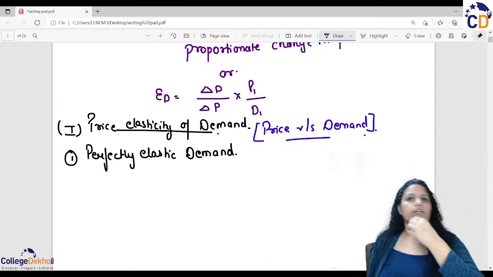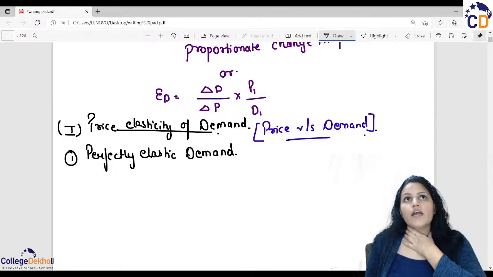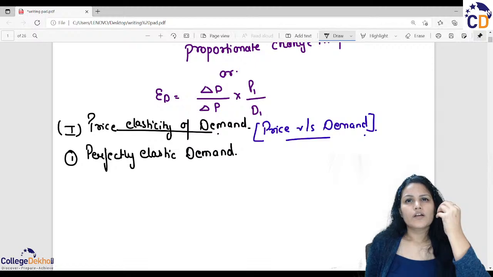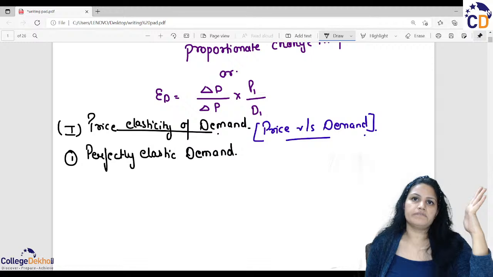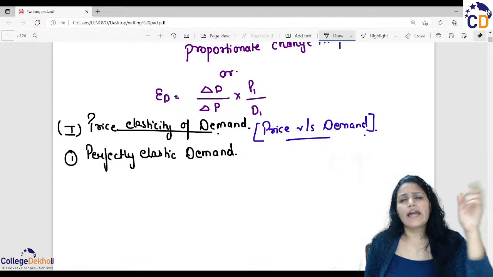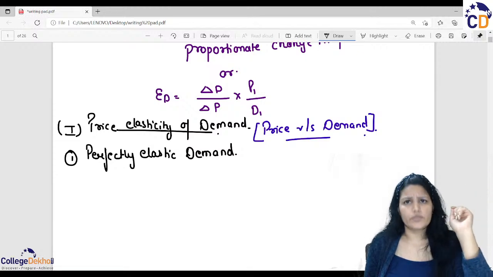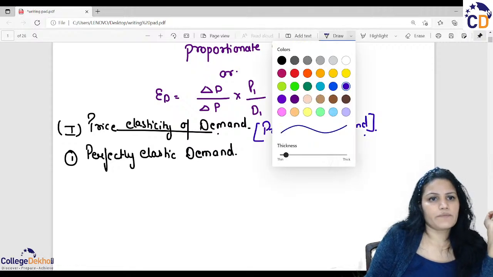The word is perfectly. For whom do we use the word perfect? We use the word perfect for a person who has everything perfectly matched in their personality, with nothing anyone can point out. So it's a perfectly elastic demand.